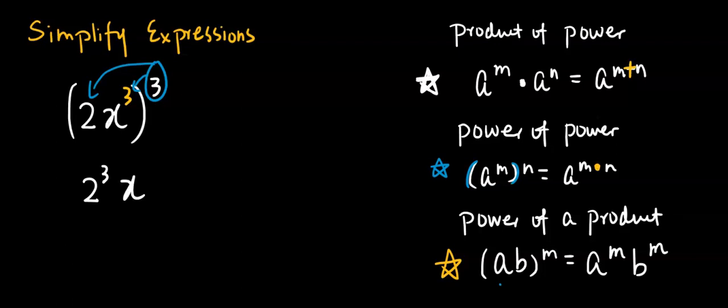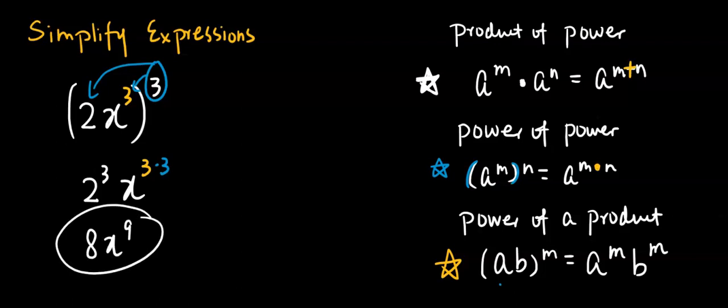And x already has the exponent, which is 3. Outside, another 3. What do we do? Let's take a look at our blue star. Power of power. So this time it means 3 times this 3. Almost done. 2 to the third power is 8. And 3 times 3 is 9. Now, we're good.